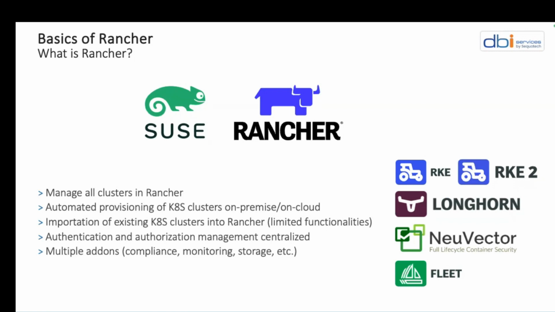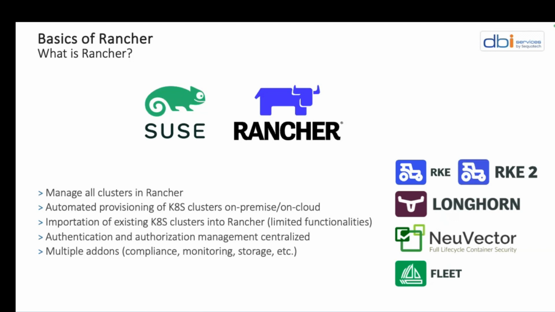And you can also use the SUSE Kubernetes distributions, known as RKE, RKE2, and K3s. So they can be provisioned through Rancher. You can also import your existing Kubernetes clusters into Rancher, so you can manage them directly in Rancher.